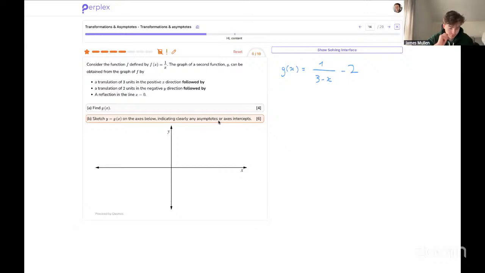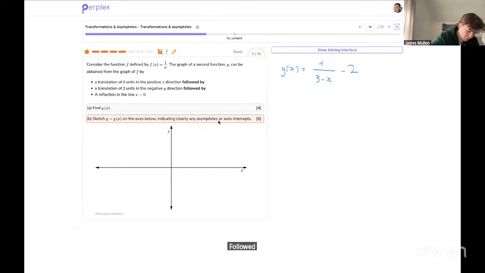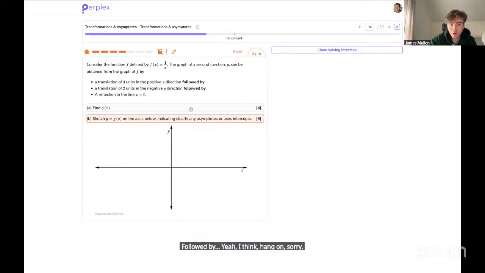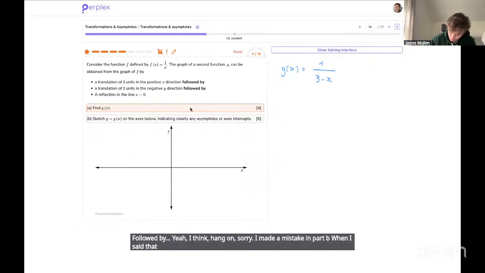Hang on. Is there something that I did wrong here? Yeah, I think, hang on, sorry. I made a mistake in part B when I said that the minus goes in front of the whole thing. Let me go back.